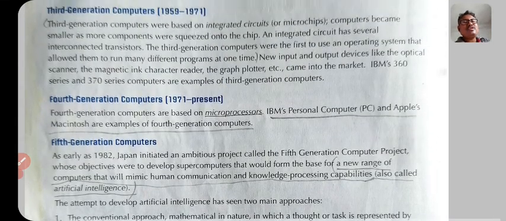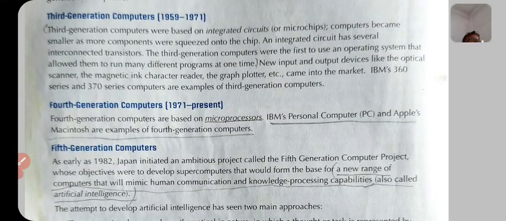So fifth generation computers, in short, are supercomputers and artificial intelligence, for example robots.